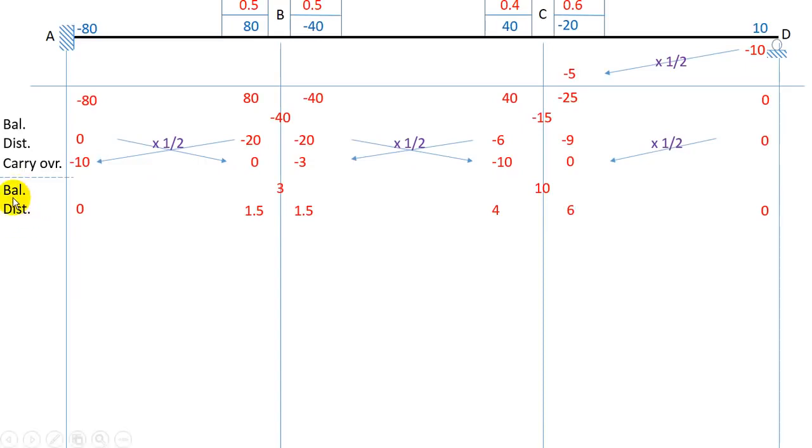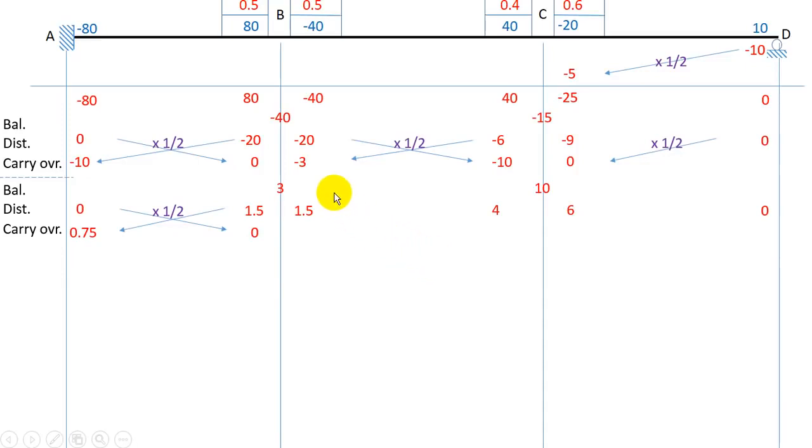Now the third step of iteration is again carry over. So I carry over this here, 1.5 into half, so it's 0.75. This carryover has to be carried segment wise. AB is one segment, BC is another segment, and CD is another segment. So carryover has to be done only in respective segments.